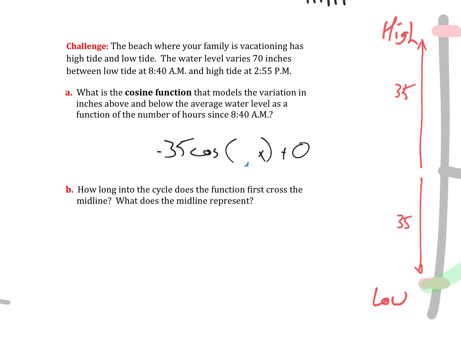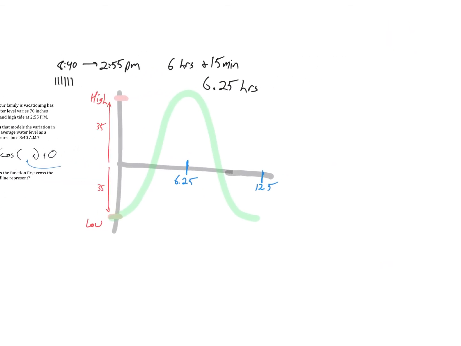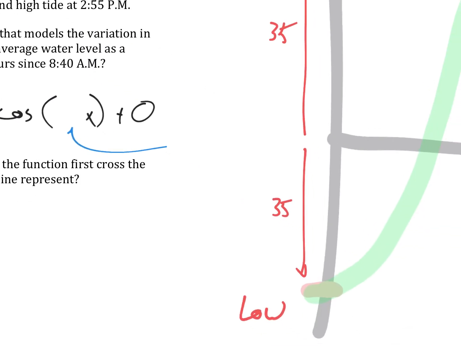To figure out this b value, we need to take our period and divide that out of 2 pi. So 12.5 was our period. So 2 pi over 12.5. Woof. If you're ever stuck with a decimal within a fraction, one thing you can do is kind of unsimplify this.